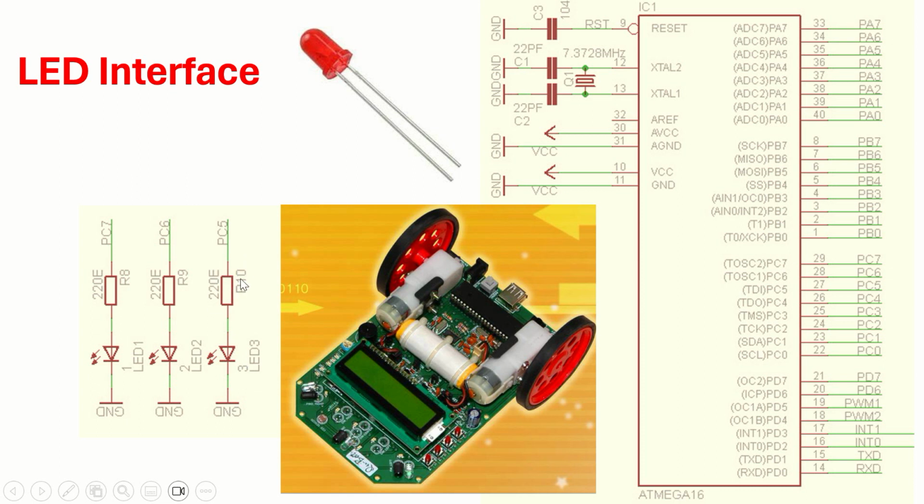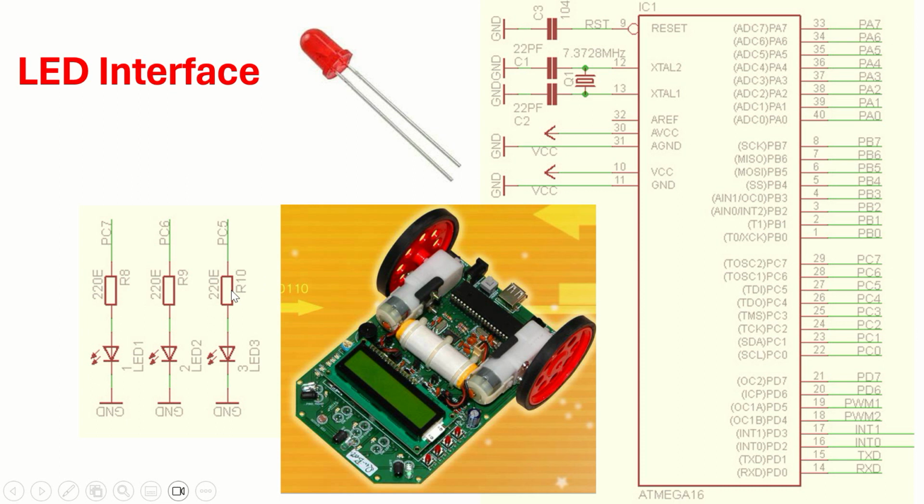This resistor we have to connect in series to the LED so that it will oppose the flow of current. So if you apply a voltage here, the positive side here, and the negative side is connected here, let's say a battery, then in series, since there is a resistor, it will oppose the flow of current.